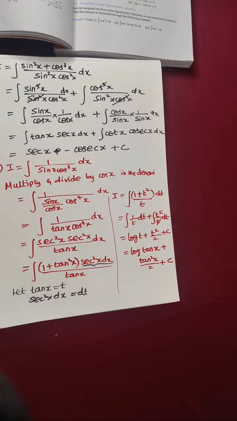So for our convenience, we have only multiplied and divided in the denominator alone. Then combine, use the reciprocal relations, whatever you have learnt in the previous classes, use the formulas of integration and integrate. That's all. Any doubt in this?